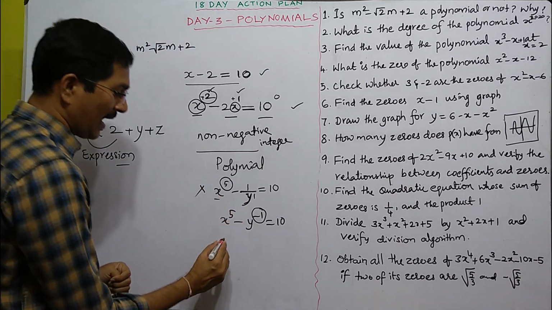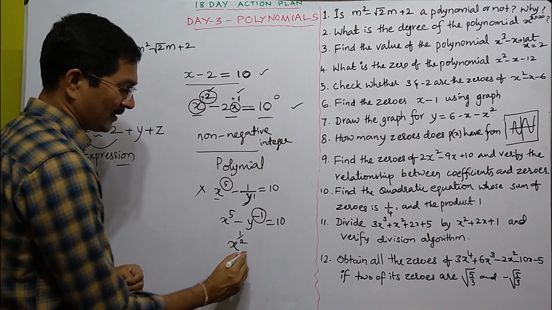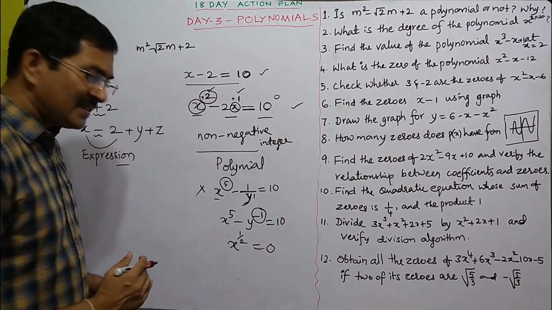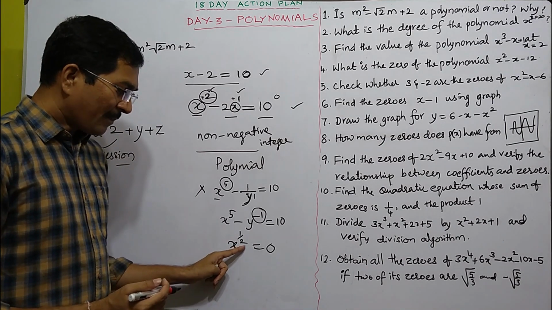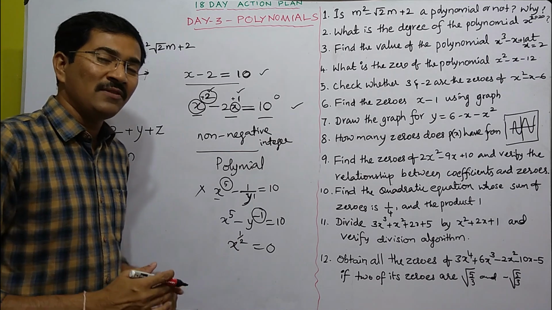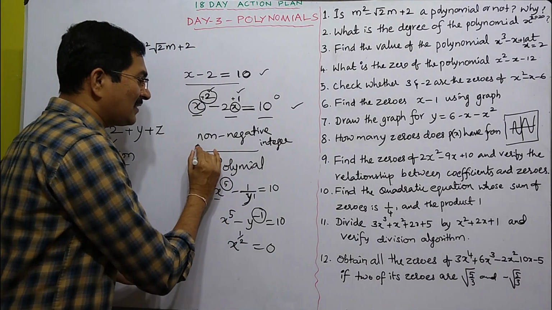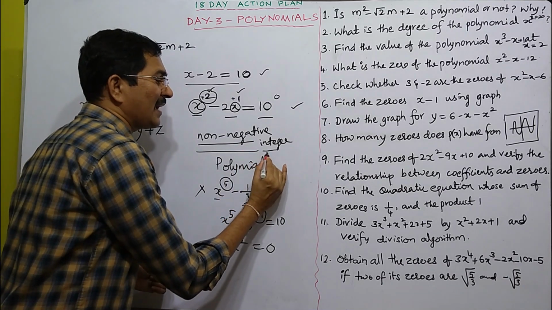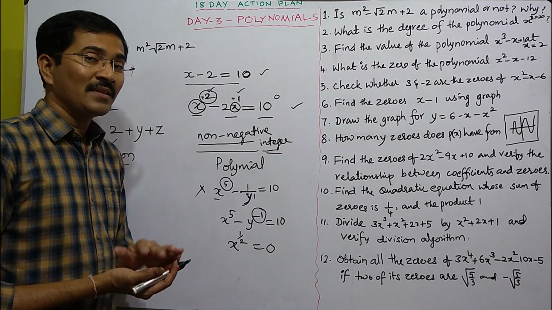For example, if you have x to the power of half is equal to 0. Is it a polynomial? See, the power is non-negative. So can we consider it a polynomial? See, it doesn't end with non-negative. It also has the tail called integer. It should be an integer. What is an integer?